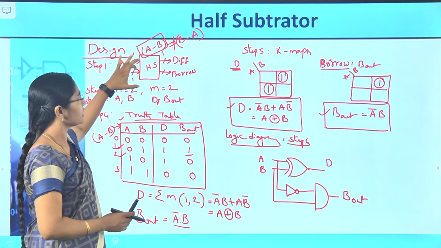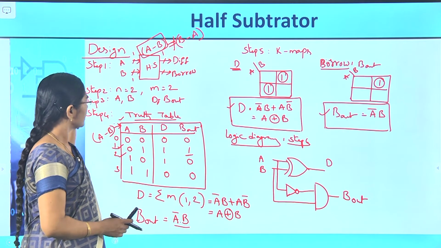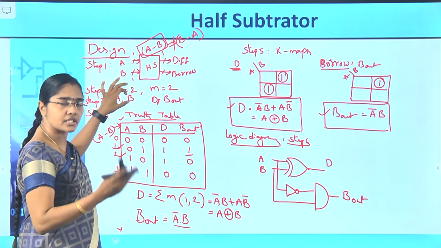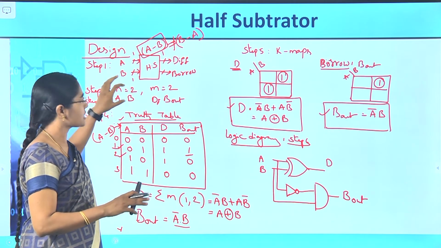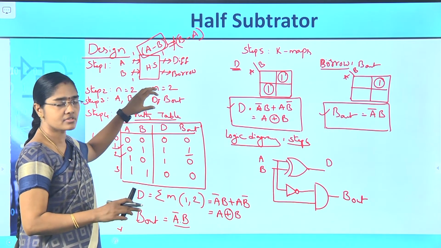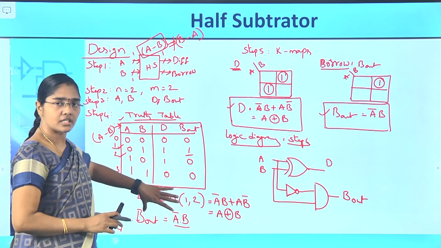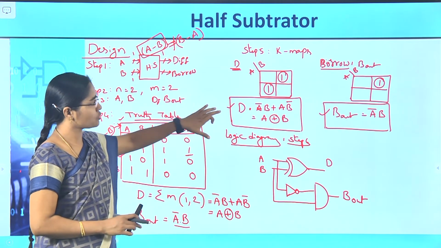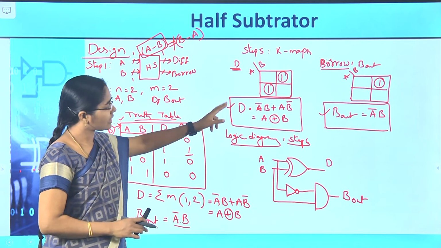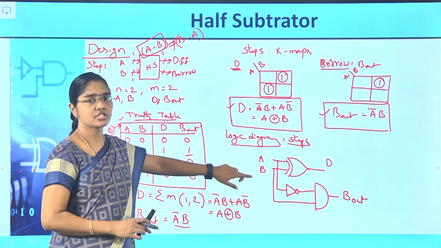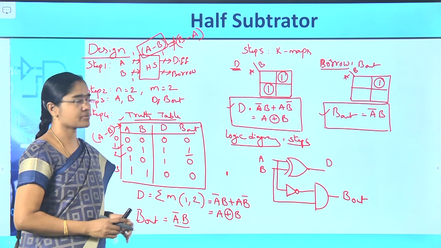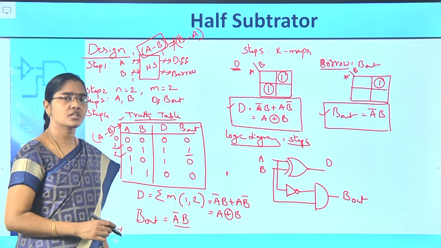We have started with the definition of the problem, then taking the number of inputs and number of outputs and assigning some letter names, then finding its truth table, and after that getting the logic expressions with simplification, and after simplification drawing the logic diagram for the simplified expressions. This is the half subtractor.